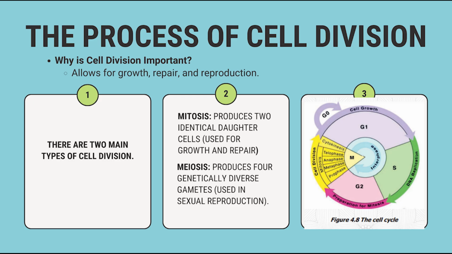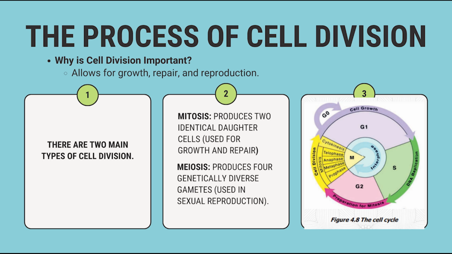The process of cell division. Cell division is essential for growth, repair, and reproduction. The process ensures that DNA is copied and distributed to daughter cells. There are two major types of cell division. The first one is mitosis, the second one is meiosis.